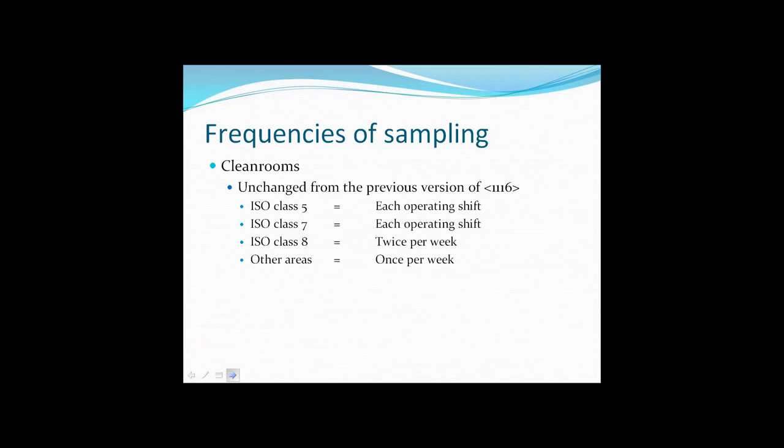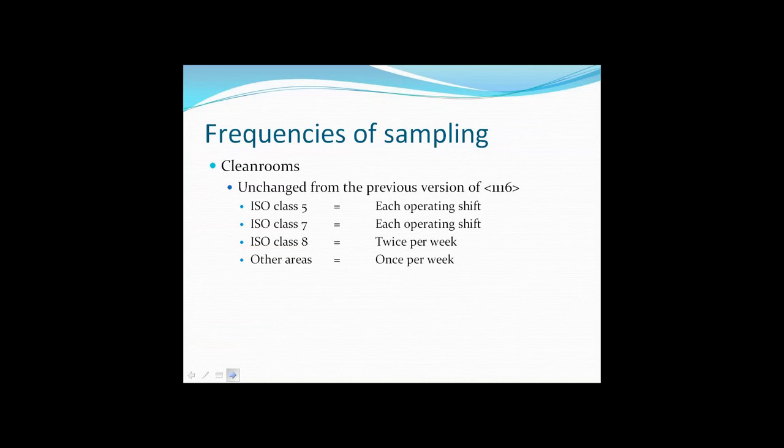With the standard clean rooms, this is actually unchanged from the previous version of USP 1116. And so for ISO Class 5 areas and ISO Class 7, that's our Grade A and Grade B clean rooms, it recommends monitoring each operational shift.